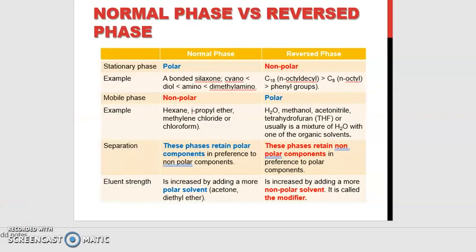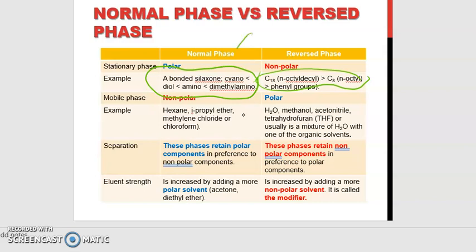So normal phase versus reverse phase. Normal phase, stationary phase is polar. Reverse phase, stationary phase is non-polar. This is example. Yang ni kena tahu, dia dua je. Sama ada soalan bagi awak example, dia bagi nama ni, dan dia suruh awak tentukan dia non-polar, normal phase ke reverse phase. Ataupun sometimes dia tanya polarity of the stationary phase.